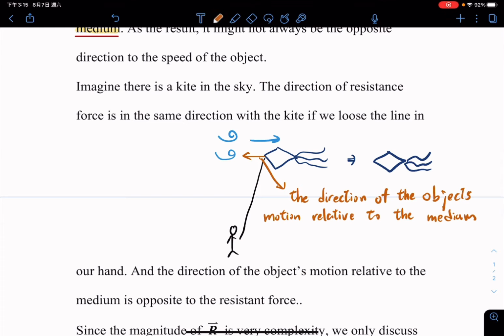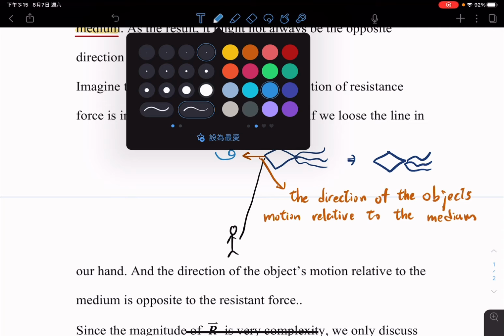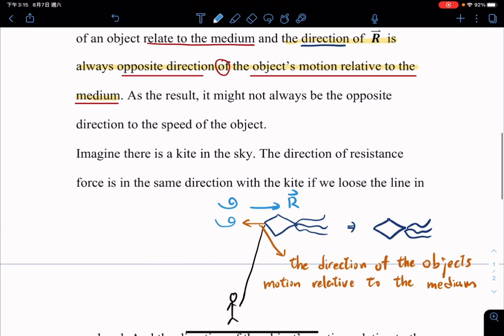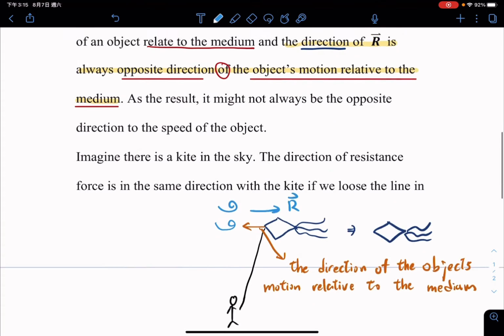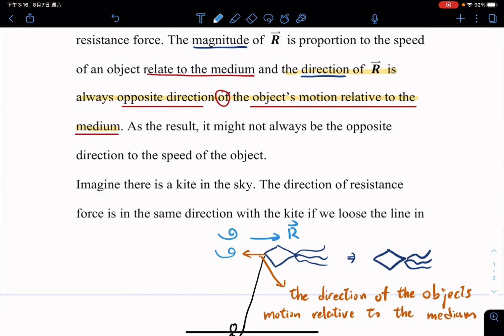This is R, and this is the direction of the object's motion relative to the medium, which is not the opposite direction of the object's velocity.